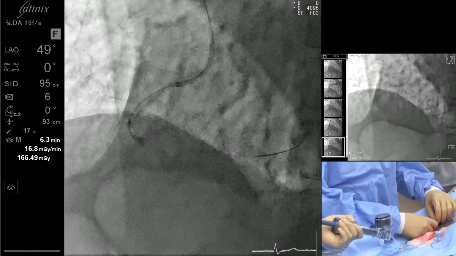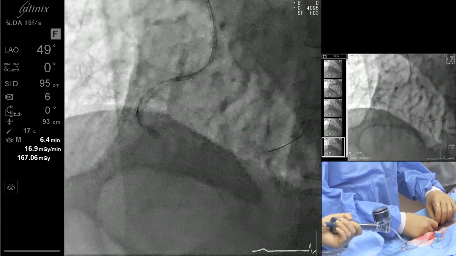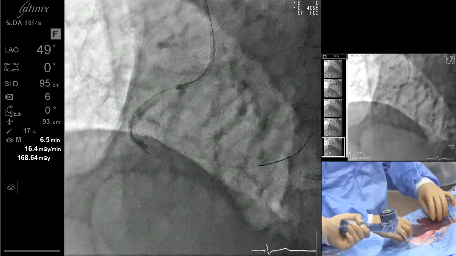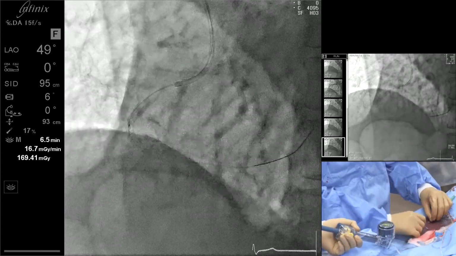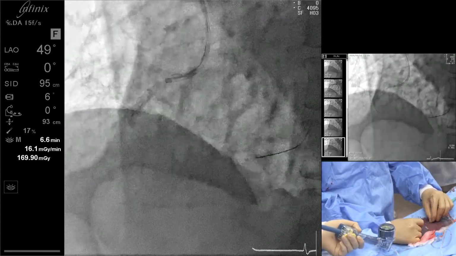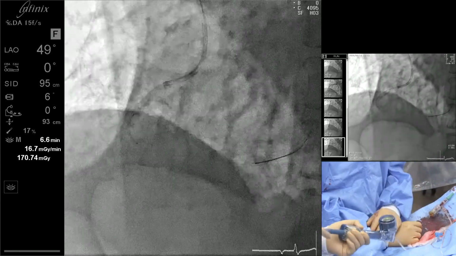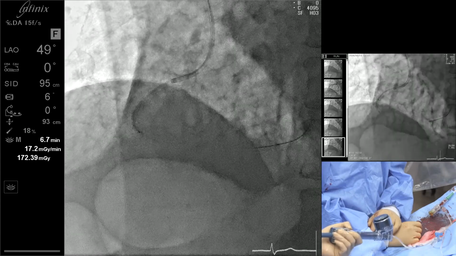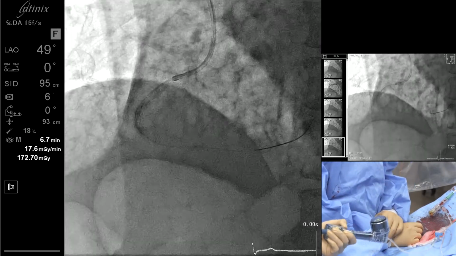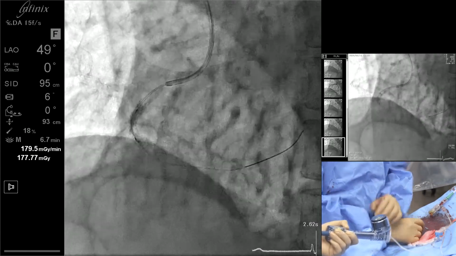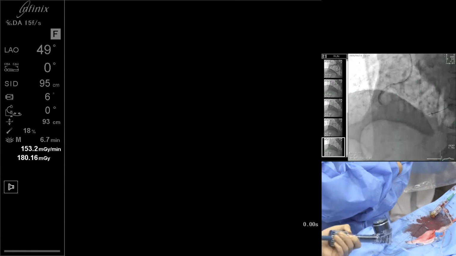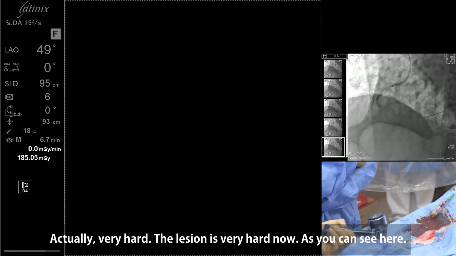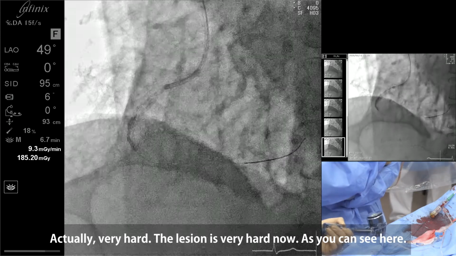Actually, very hard. The lesion is very hard now. You can see here.